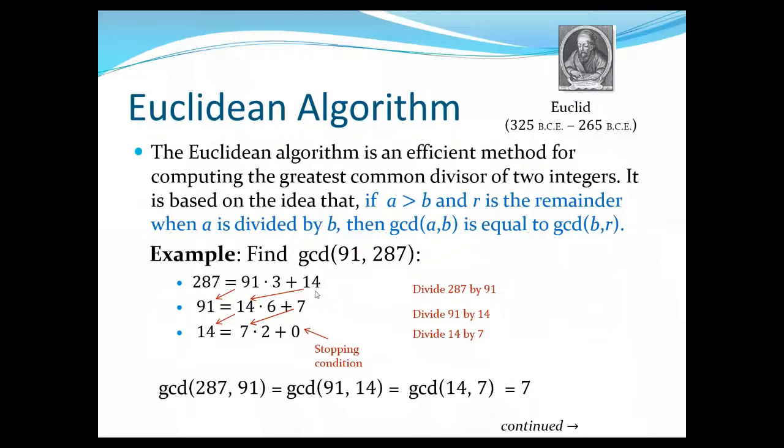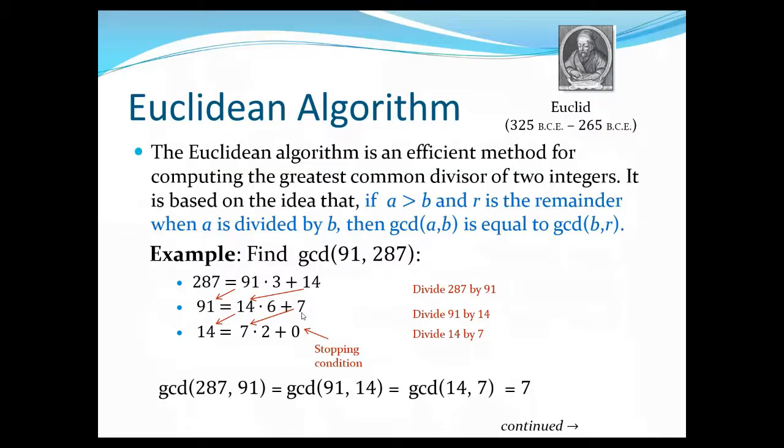Next, we divide 91 by the excess: 91 is equal to 14 times 6 plus the excess, which is 7.